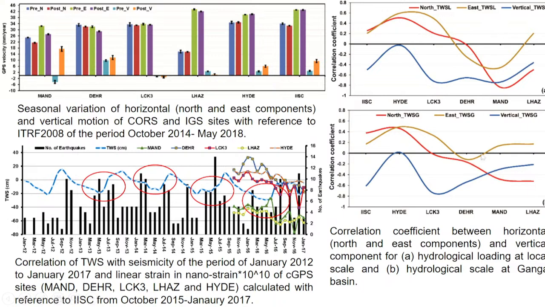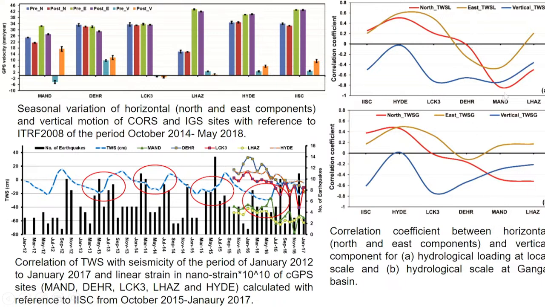Here you can see the correlation coefficient between the hydrological loading and the horizontal displacement, meaning north-south displacement and east-west displacement.